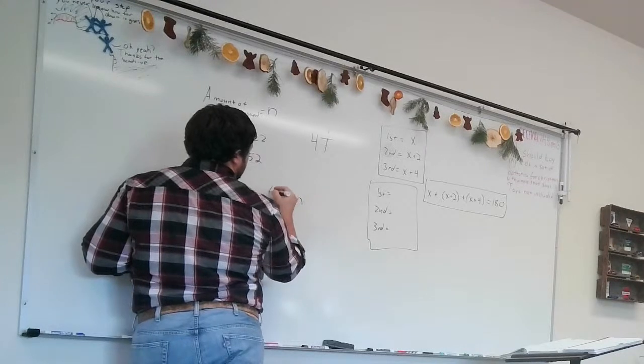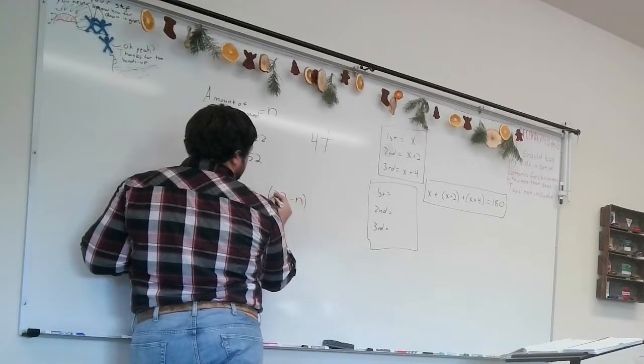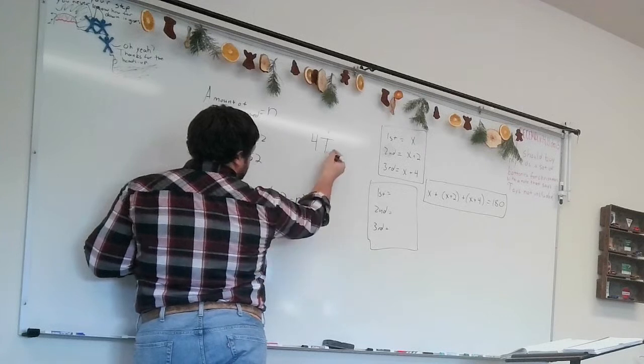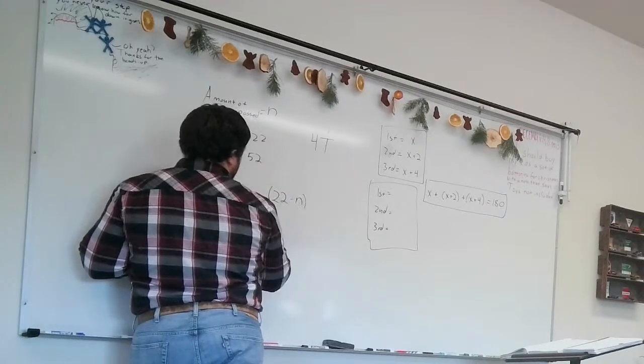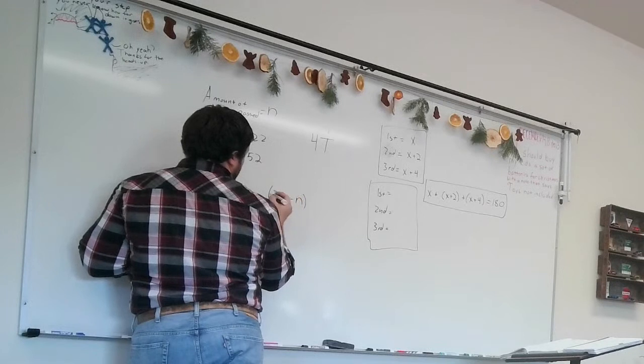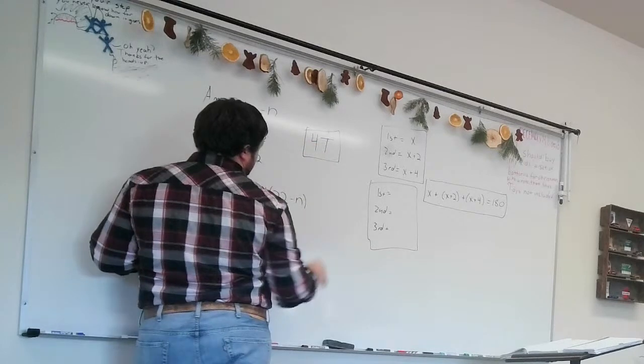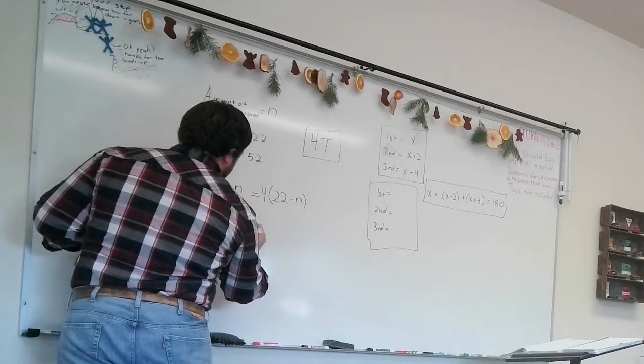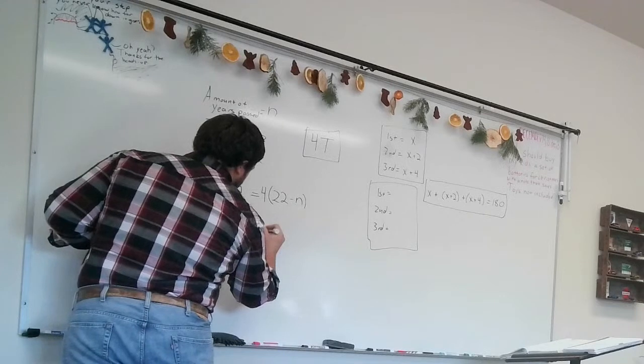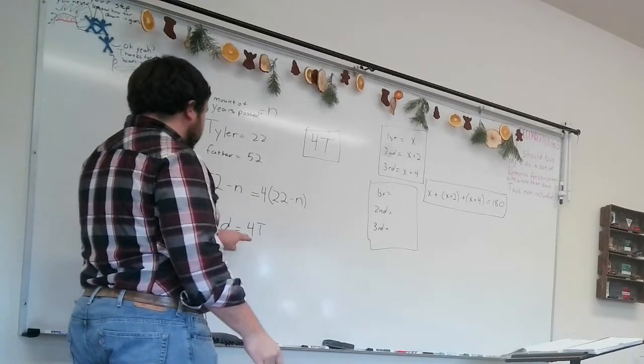So the thing that we're forgetting here is it has to be 4 times Tyler's age. At some point, this 4, yeah. So we multiply this side by 4. Basically, that's saying this: at one point, Dad equaled 4 times Tyler's age. That's essentially what we wrote here.